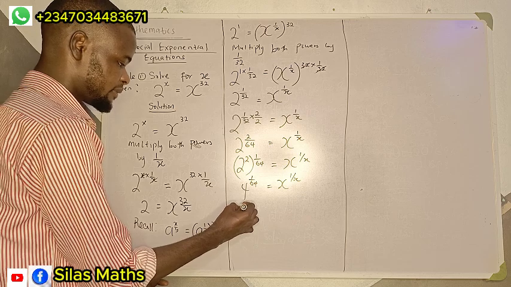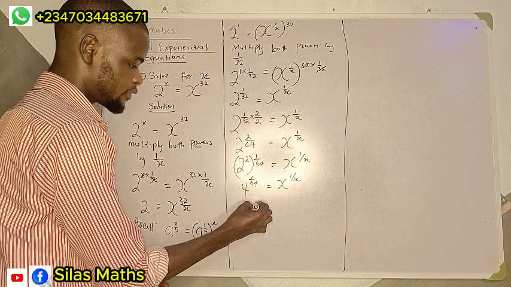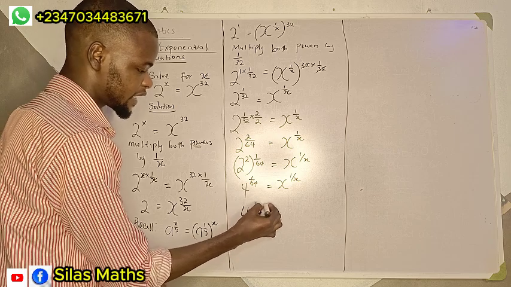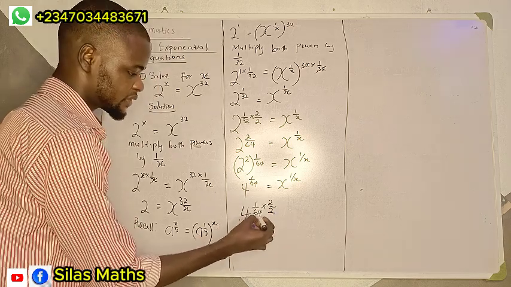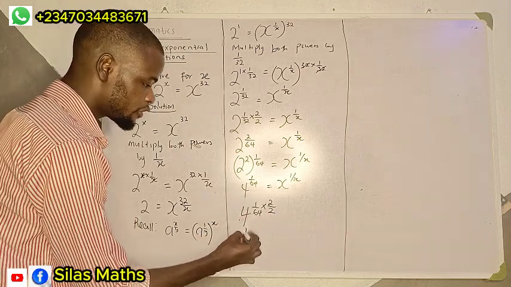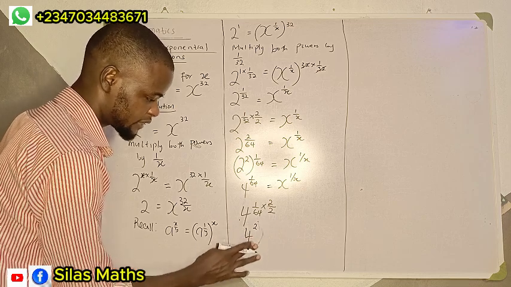So I'm going to have 4 to the power of 1 over 64 times 2 over 2. That is going to give us 2 over 128. Let's take it one after the other.